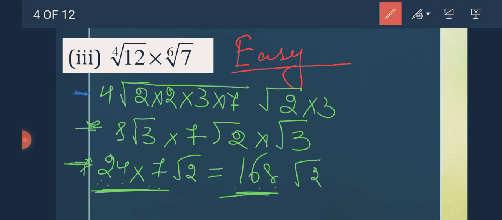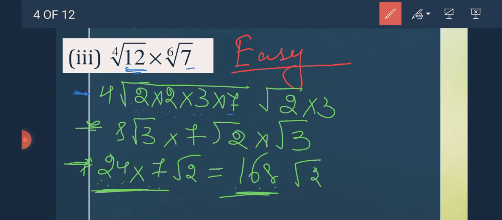Now let me simplify. Let me tell you how we get the answer. First of all, we have done this. If we multiply 2 into 2, 2 into 2 and 2 into 3, we are getting 12. So why have we written 7? Is it wrong? No, it is not wrong, child.